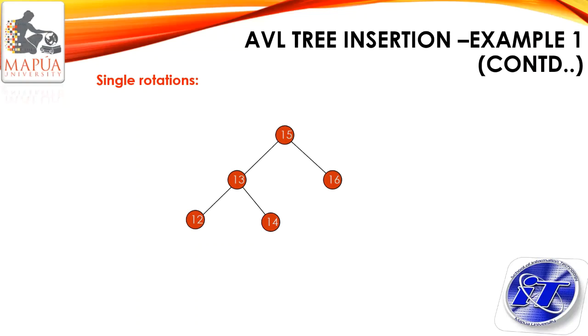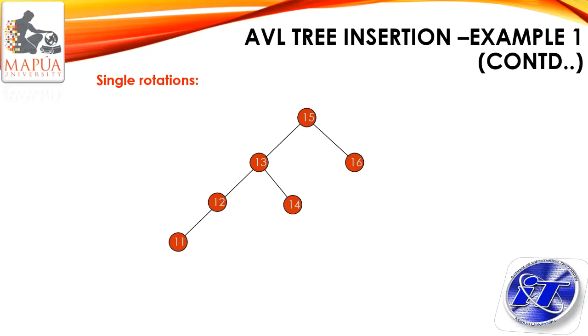And now we are ready to insert more values. So before that, let's check if the BF are already accepted for an AVL tree. Yes, all BF are okay. So this is already considered an AVL tree. So now let's insert 11. 11 will be inserted on the left side of 12 as a child node.